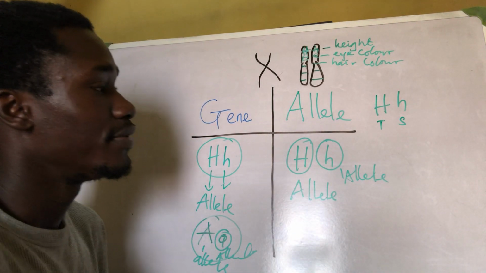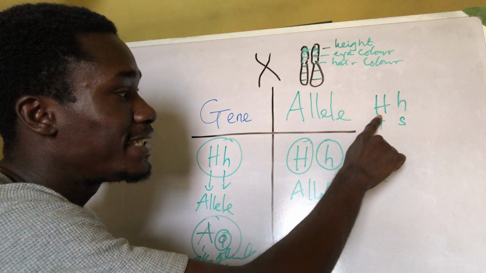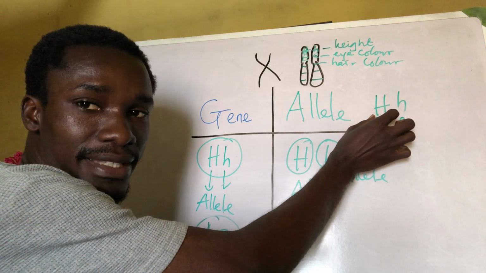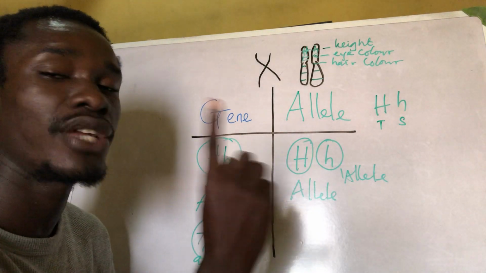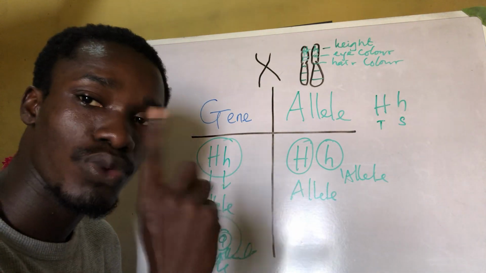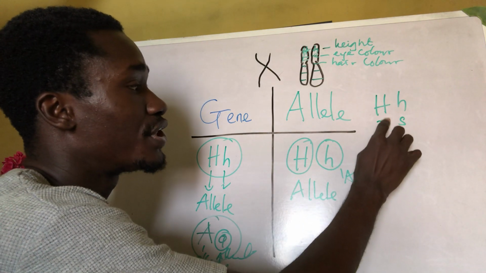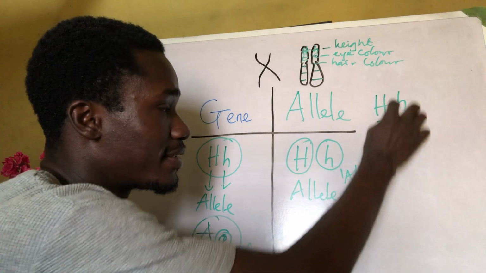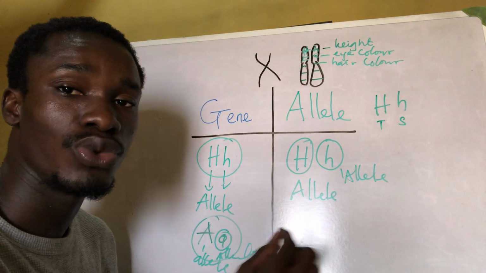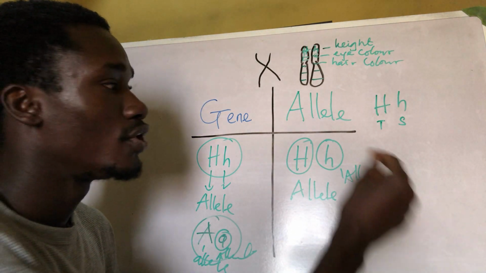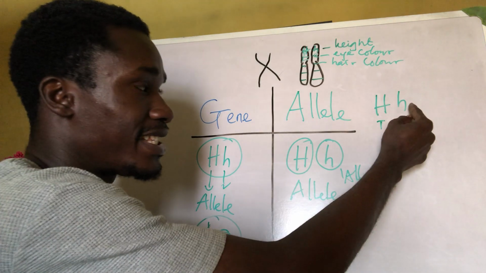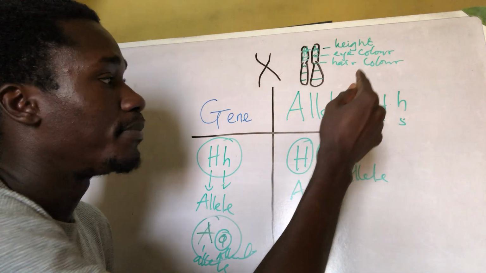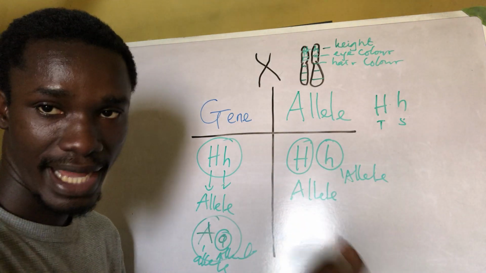Okay, you see now, if an individual has this particular gene for tall height, and remember, during meiosis, we can only receive just one copy. So let's say the individual receives this big H, which is the tall height. So that individual is going to express the tall height. If the individual received the small h, the individual is going to express the short height, right?